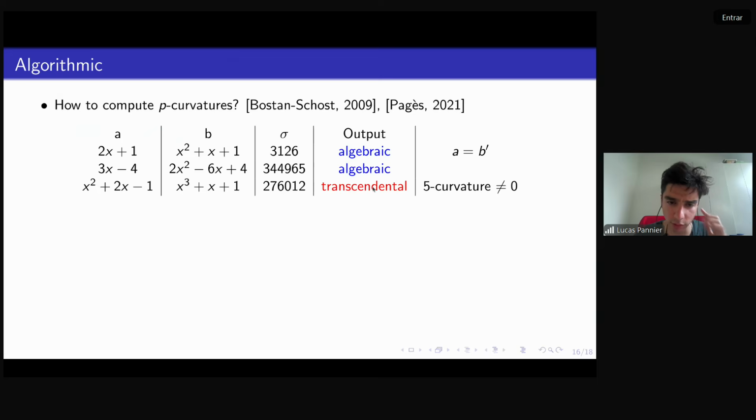But the last one is when we computed all the p-curvatures, whereas we only need to stop at the 5th p-curvature. But as I said, the algorithm we use is not optimized, and we can expect to have smaller bounds. I presented you values of m and n and sigma, but we can hope for somewhat smaller bounds with the same method.